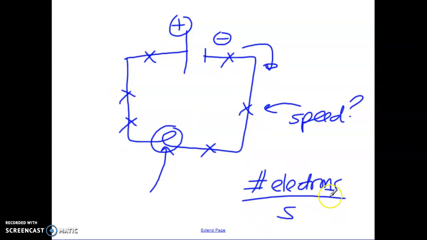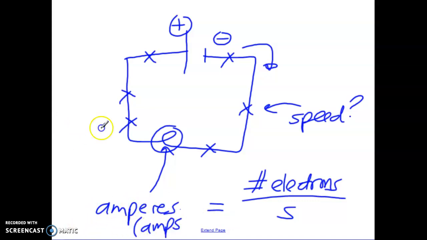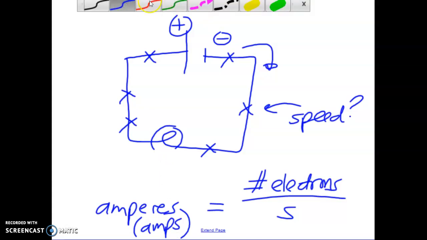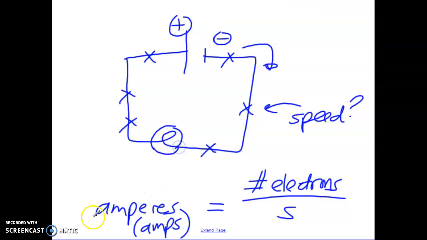So the term electrons per second actually has a simplified unit, which is called amperes, or for short, sometimes we call that amps. So current is measured in the unit of amps. So actually this has nothing to do with this here, but it's just the unit for the current. Okay, so amperes. So when we're talking about, let's say something has 5 amps or 2 amps, you're essentially talking about how many electrons are flowing through that wire.